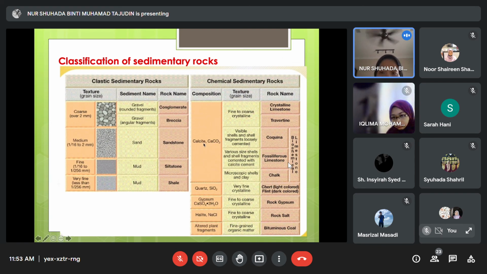Okay, so kita based on its chemical content, based on its mineral, that is calcite type of rocks. Then we have quartz. Quartz ni maksudnya it contains silica, gypsum, calcium sulfate, halite, sodium chloride. Okay, so these are some of what we call sedimentary rocks.